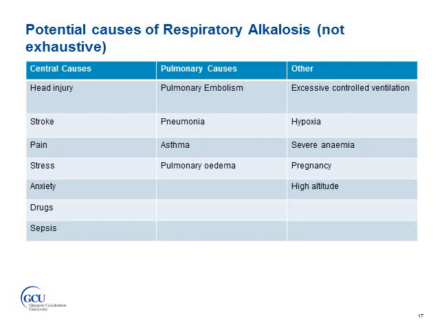Any unresolved pain, again, may result in respiratory alkalosis. Anything that may increase the metabolic demands of the body, such as fever, sepsis, or pregnancy, may also increase the likelihood of respiratory alkalosis. I have included some additional information in relation to some of these in the notes section of this slide.